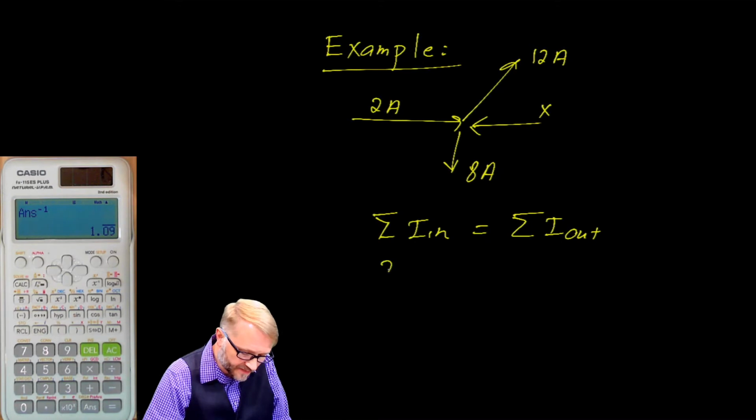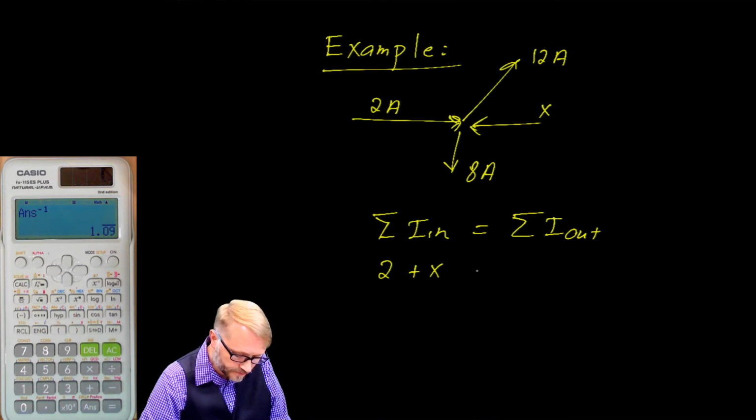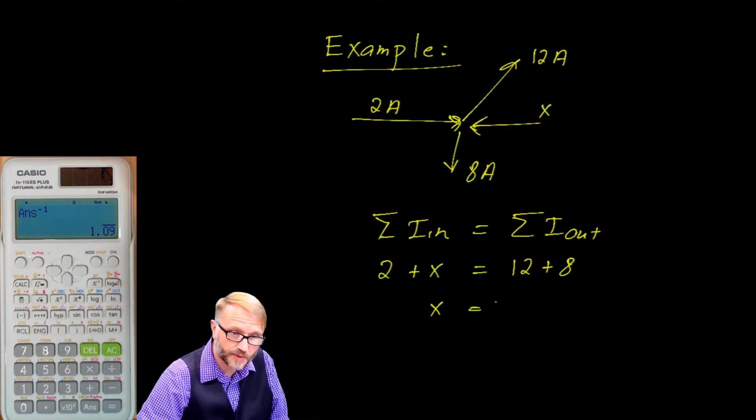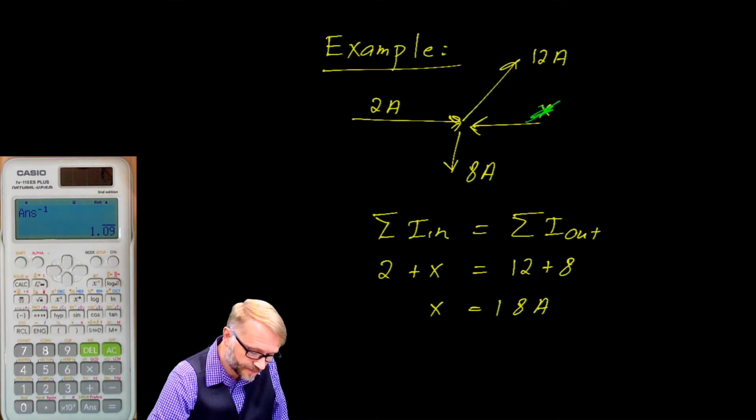Going in, we have 2 plus X. That's going in right here. Leaving the circuit, we have 12 and 8. If we were to solve for this, we would say that the current X is equal to 18 amps.